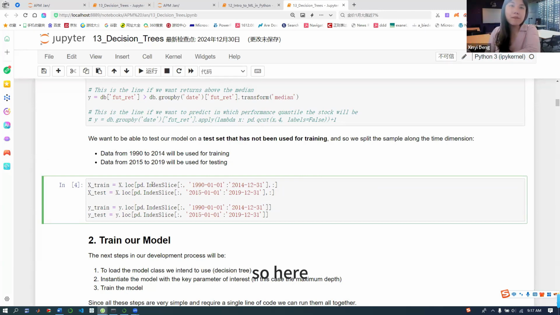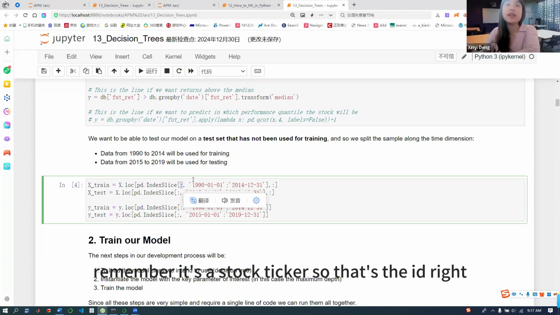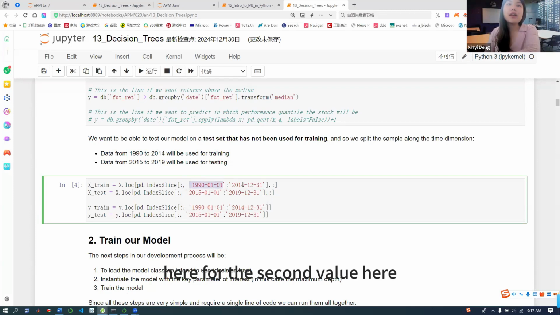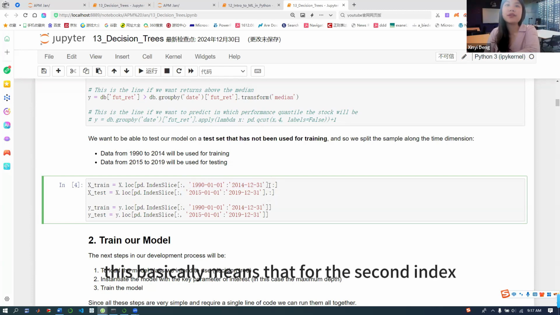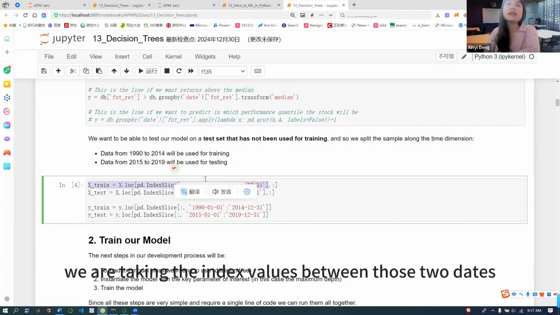When we use this pd.IndexSlice, we are taking all the values of the first index. Remember, it's a stock ticker, that's the ID, right? And for the second index, for those 2 dates, we are taking the index values between those 2 dates.